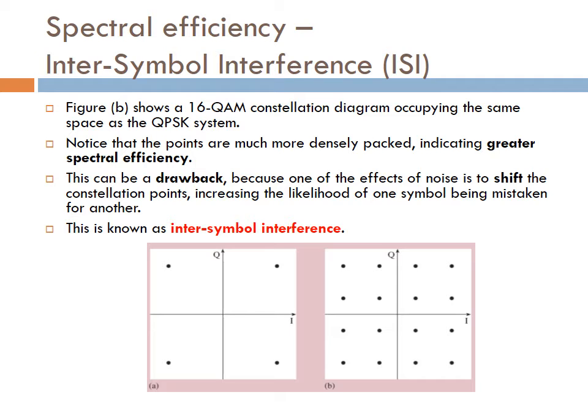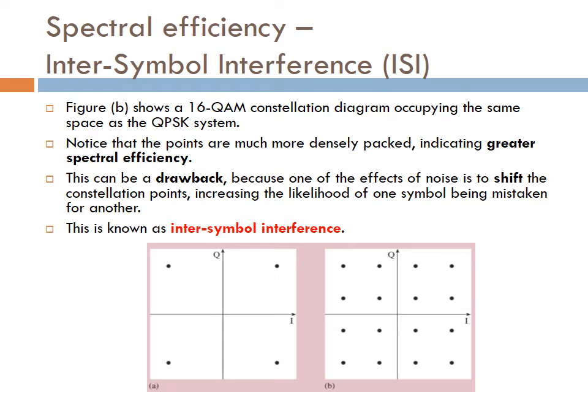This can be a drawback on the other hand, because one of the effects of noise is to shift the constellation points, increasing the likelihood of one symbol being mistaken for another. So the closer the symbols are to each other, the higher the probability of error, since the noise would affect the received position of a symbol, and that could be interpreted as another symbol.